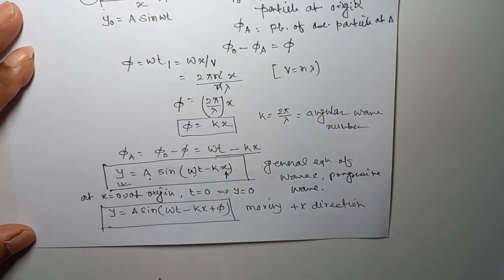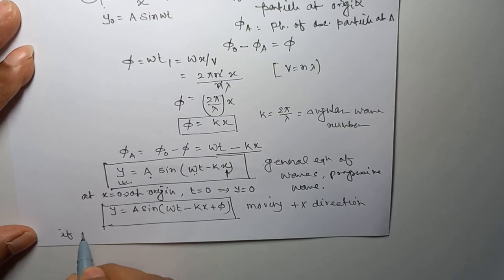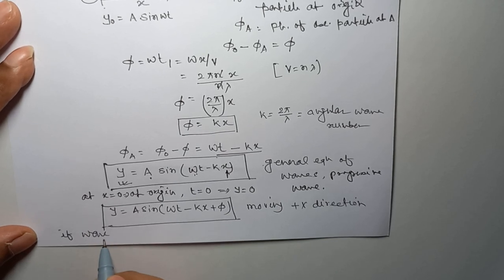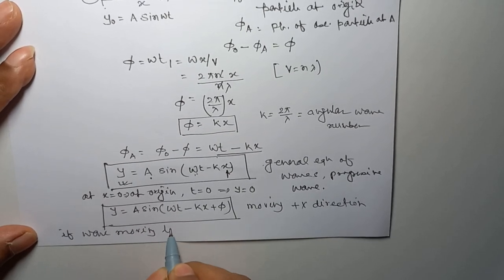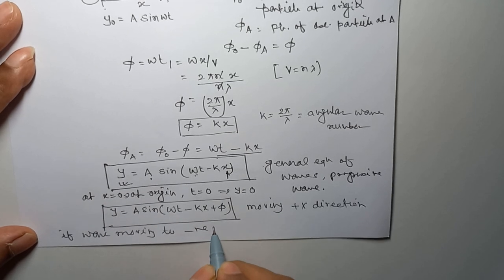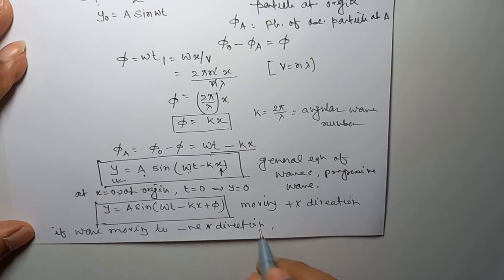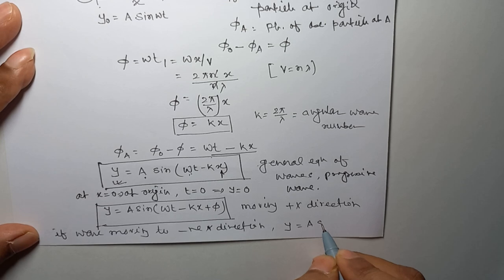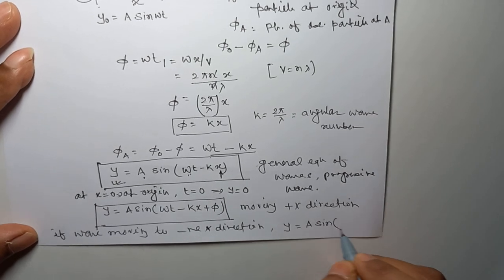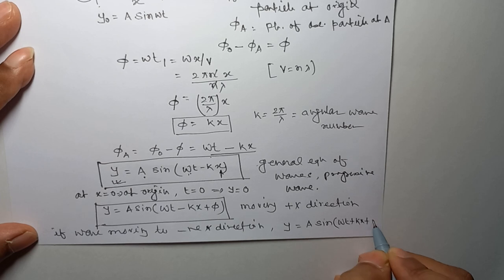If the wave is moving to the negative x direction, then the equation of the progressive wave will be y is equal to A sine omega t plus kx plus phi.